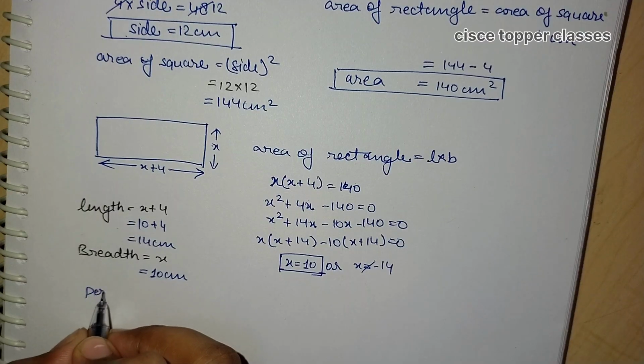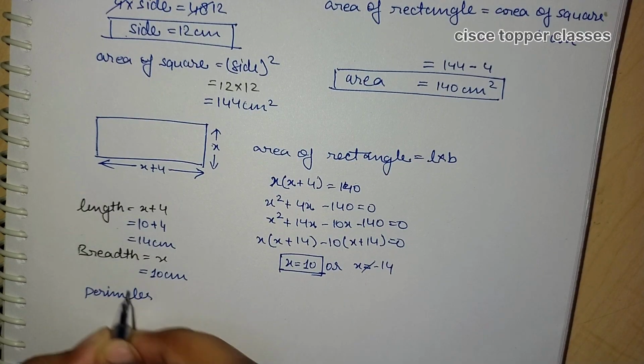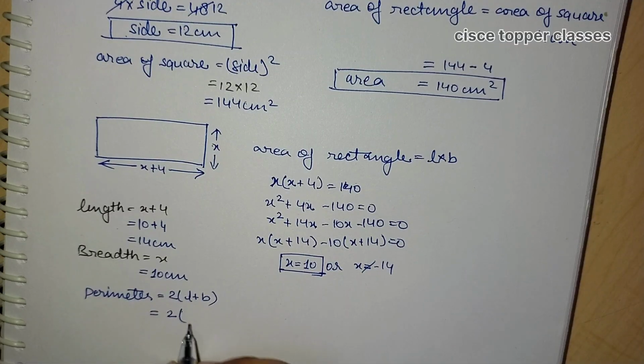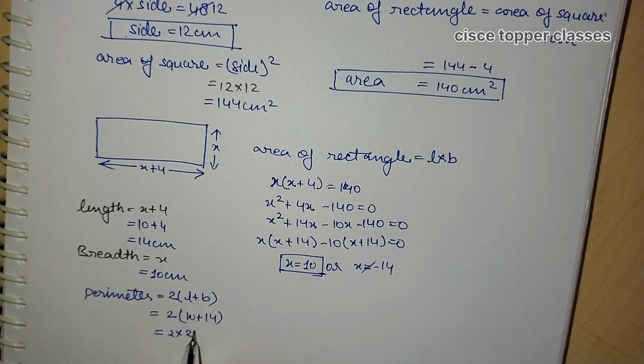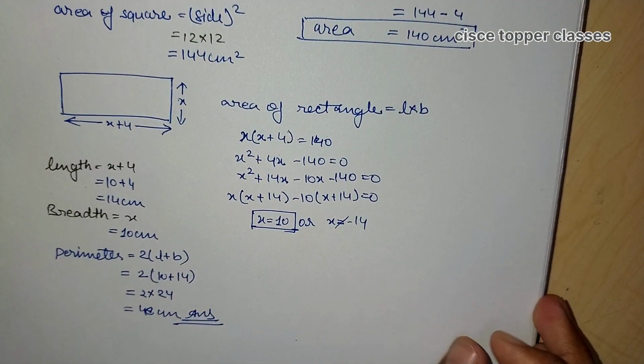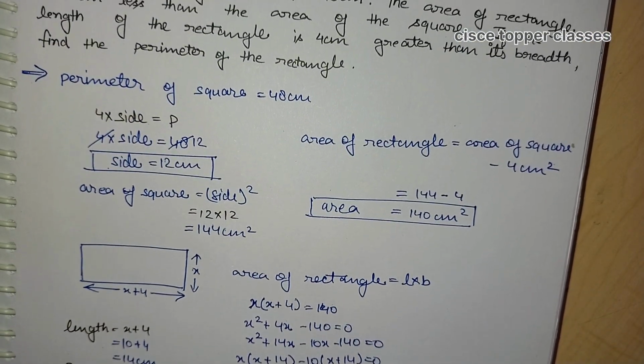Now for finding the perimeter we can write it as 2 into length plus breadth. So this will be 2 into 10 plus 14, that means 2 into 24. So 48 centimeter is the answer in this question, and this is the solution of the 41st question.